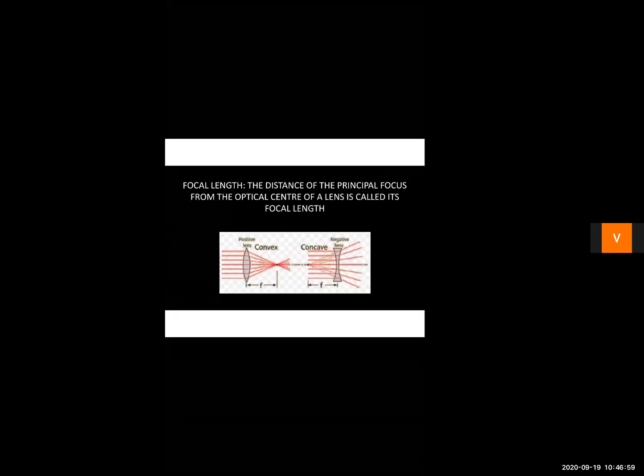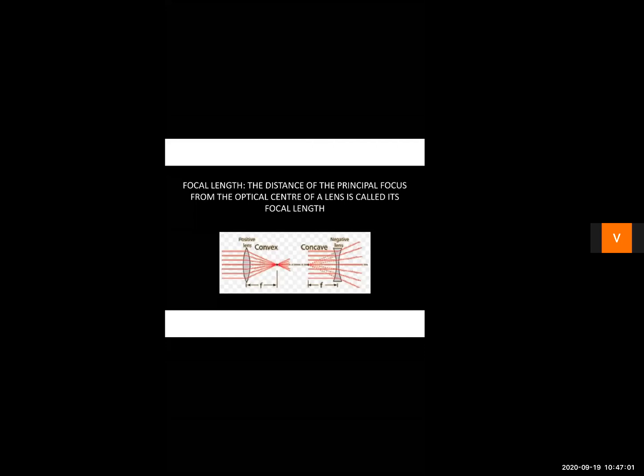We will use the words appears to meet after refraction from the lens. So this is your principal focus for concave lens, which is also known as diverging lens. So this is your definition.